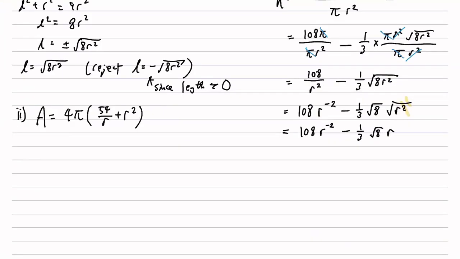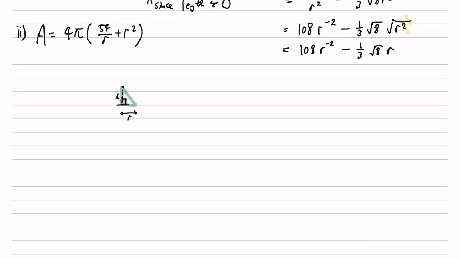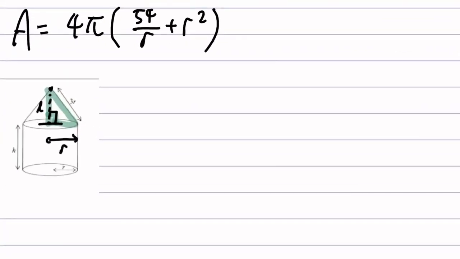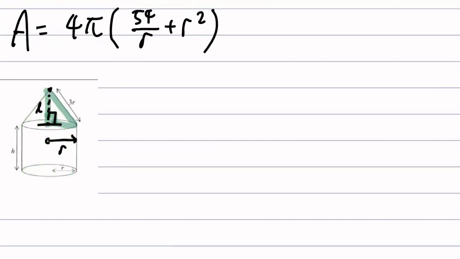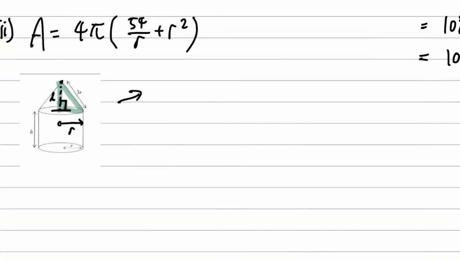So it's a toy. Don't think of it as a building. Let's say that you want to paint the surface of the toy. How do you get the total surface area? What you're supposed to do is to draw the net.